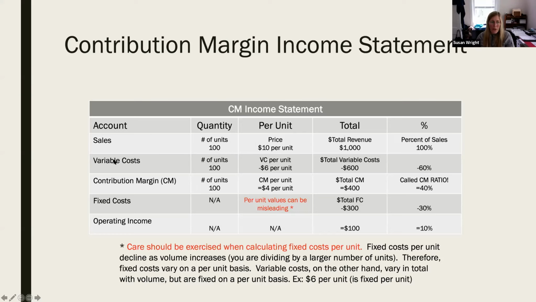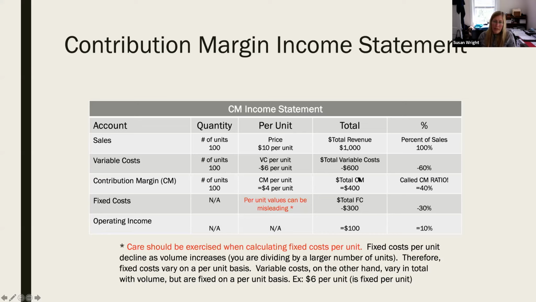Then the variable costs, they vary with volume, right? So the variable costs were $6 a unit. Again, you got to use the same number here. This is matching principle in action. So there's 100 units, same 100 units that you have here, except it's $6, and we're going to subtract that from this, right? So minus 600 bucks, so 100 times 6 is 600.